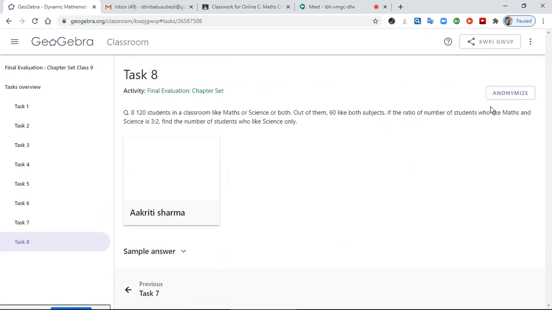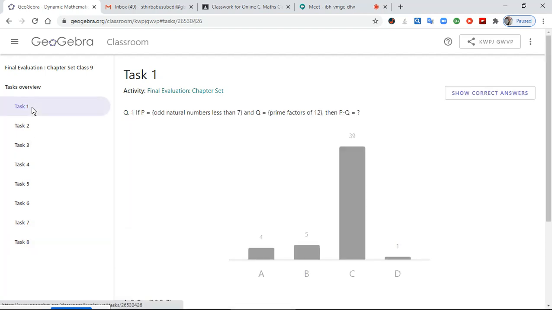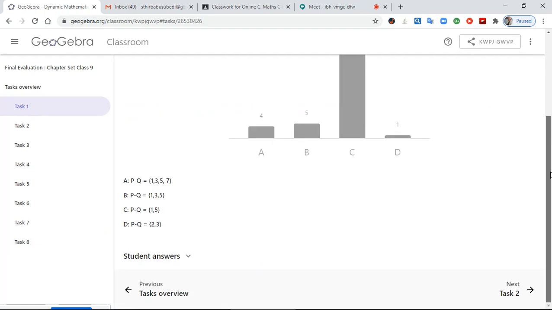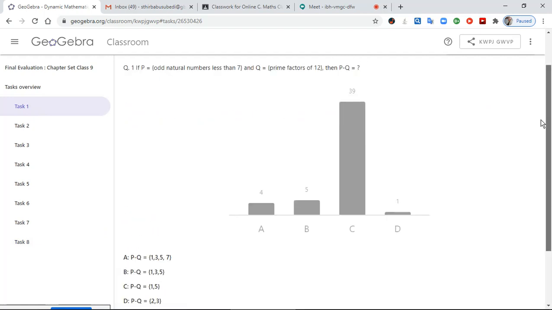Yes, students' names I can see: Manyata, Parvat, Kaniska, Arogya, Ankit, Mahima, Kiran. Write the percentage only there. Write the percentage only. So Akriti Sharma observed the last question. She has submitted. Please.